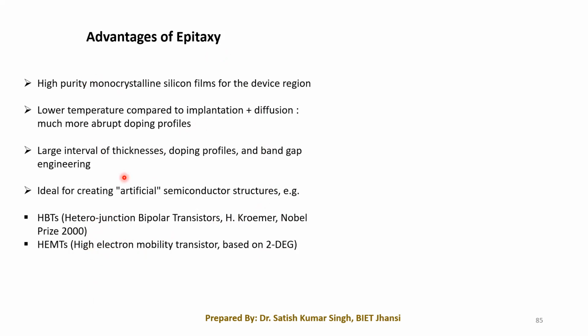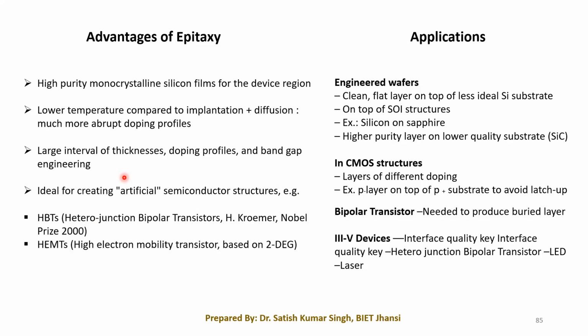We can control the properties of the layers. We have excellent control over the thickness and over the doping profiles. We can control the band gaps, and thereby the physical characteristics of the devices. So what are the various applications? Basically we are talking about engineered wafers.